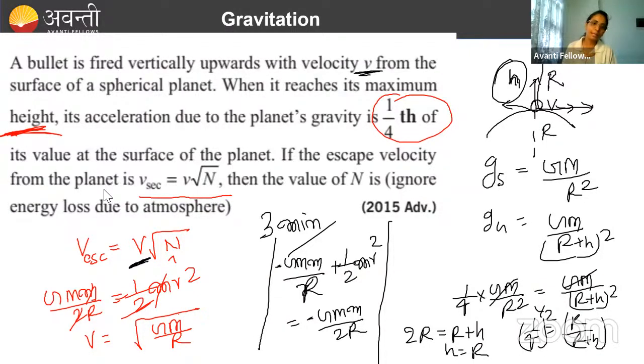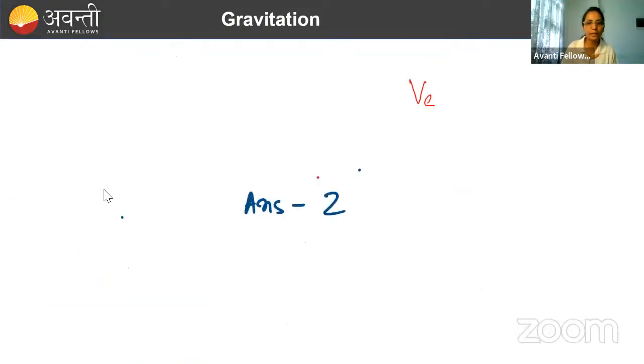Done. So अब आप यहाँ पे रखने की कोशिश करो. v escape इक्वल टू, क्वेश्चन में क्या दिया हुआ है? v escape इक्वल टू v रूट अंडर n दिया हुआ है. ठीक है. अब v का वैल्यू मैं रखती हूँ. सो अगर मैं v का वैल्यू यहाँ पे रखूं, कितना आएगा मुझे?